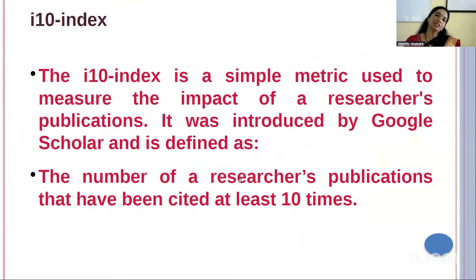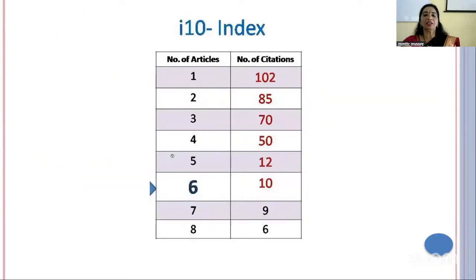Let me explain what the i10 index is. The i10 index is a simple metric. It tells you that if a particular paper of yours has been cited at least 10 times, then it counts toward the i10 index. Here you can see a person has published 8 papers. Out of the 8 papers, 6 papers have been cited at least 10 times.